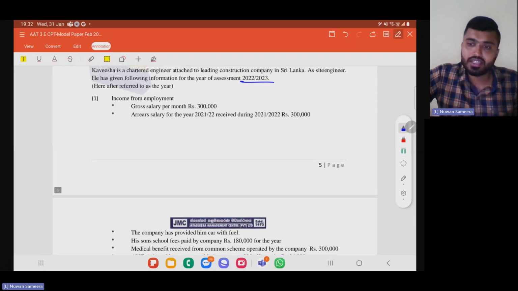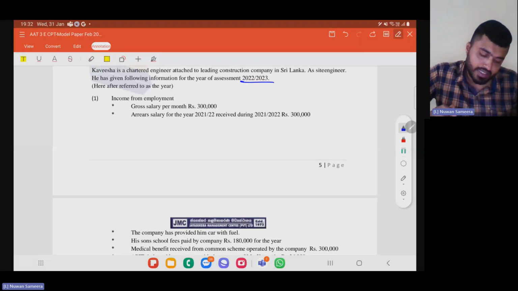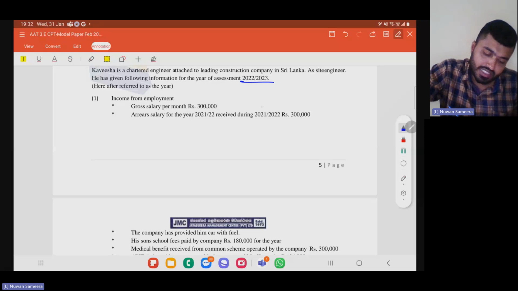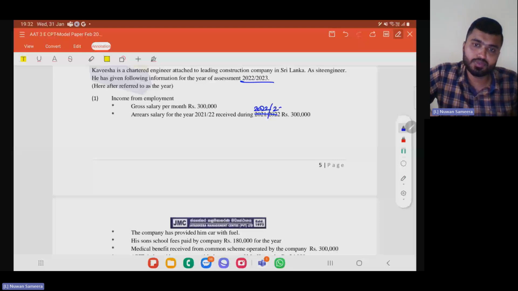Then to get the figure for the year of assessment, you need to multiply it by 12. The arrears salary for the year 2021 and 2022 received during 2022 and 2023 is 300,000. There is a small correction here.